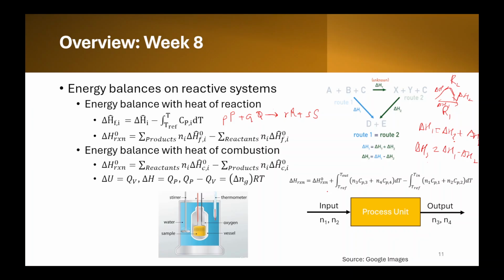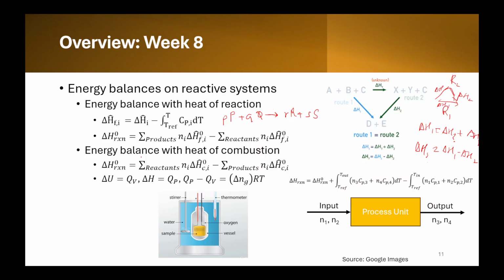Also, heat energy balance with heat of combustion. So heat of combustion can be found out basically from this calorimeter. So this tells us how much heat is evolved when a fixed amount of combustible material is ignited.